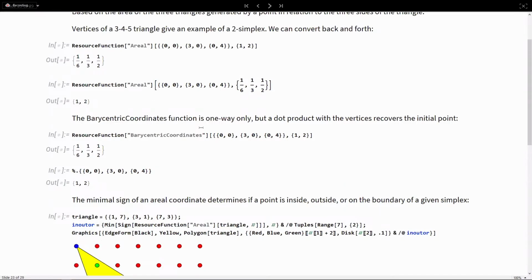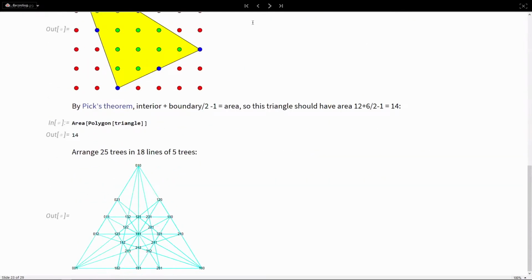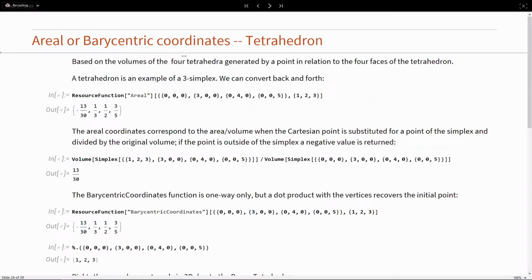This is kind of a discussion for how barycentric coordinates work. And barycentric coordinates can also be done in a tetrahedron. For example, you've got this given tetrahedron here and a given point. The volumes of the 4 generated tetrahedra compared to each other is basically the areal or barycentric coordinate, assuming that the original tetrahedron has volume 1.